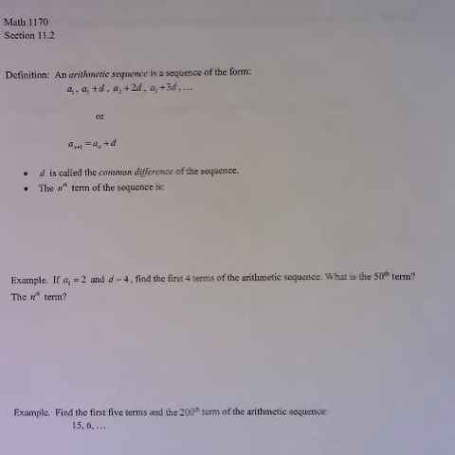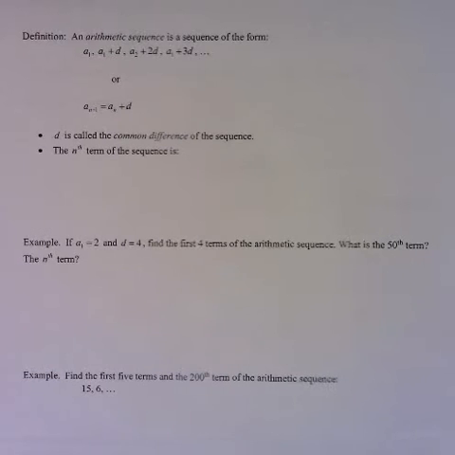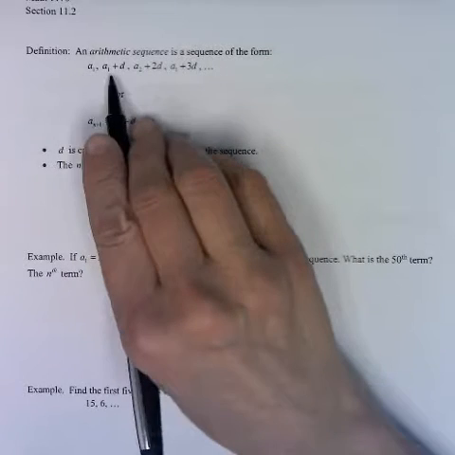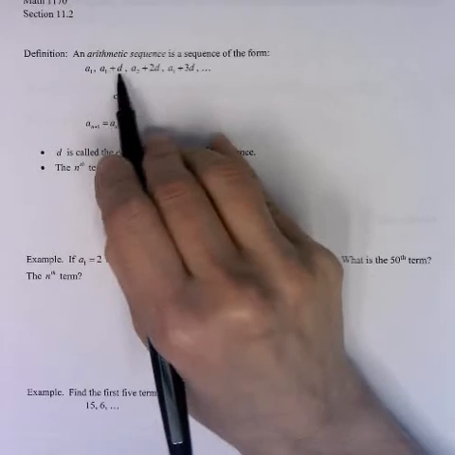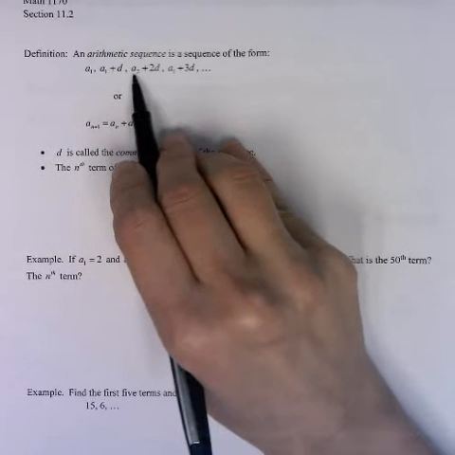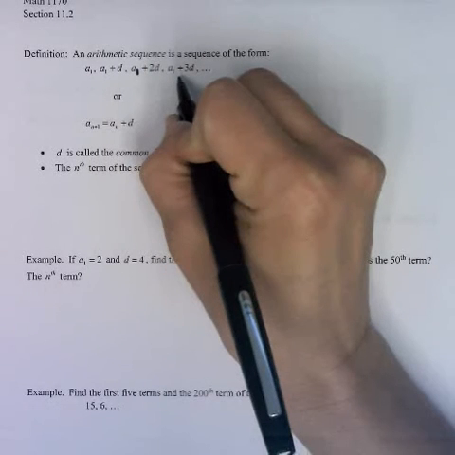So in this section, we're looking at a specific type of sequence called an arithmetic sequence. In an arithmetic sequence, each term differs by the same number, and that's called the common difference. So notice, you've got a sub 1 here, then the next term is a sub 1 plus d, and then the next term is a sub 1 plus 2d, a sub 1 plus 3d.